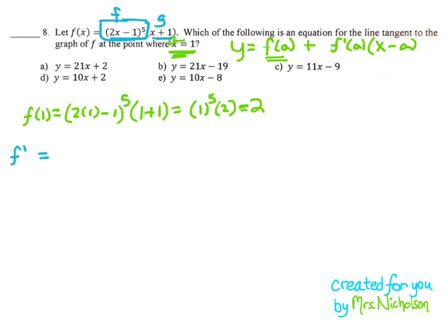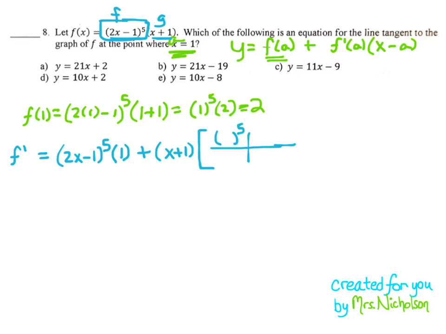So the derivative of my function is equal to f times g prime, and the derivative of g is just 1, plus g times f prime. So for f, I'm going to do a chain rule. Let's get our chart here. I've got two functions, something to the 5th power, and that something is 2x minus 1.